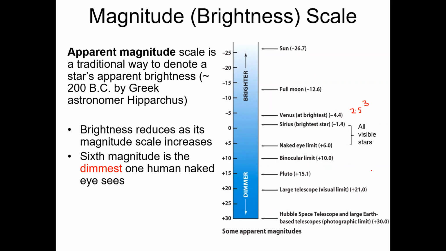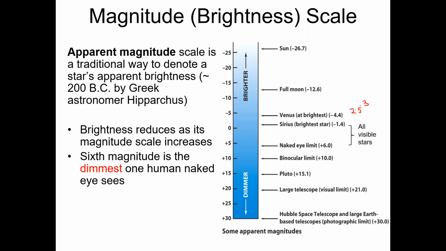And you can take this scale and do a few little calculations. For example, Pluto is +15.1, and it is not visible to the naked eye because the naked eye limit is +6. If I ask you, how many Plutos do you need to put together so that it becomes visible to the naked eye?